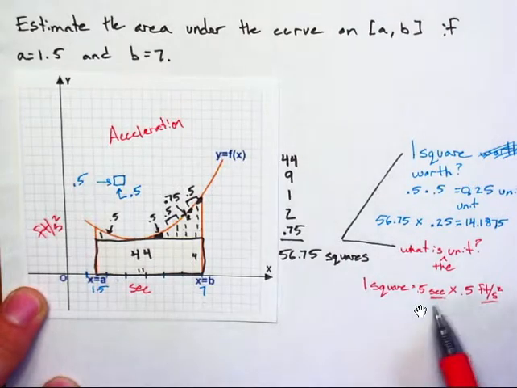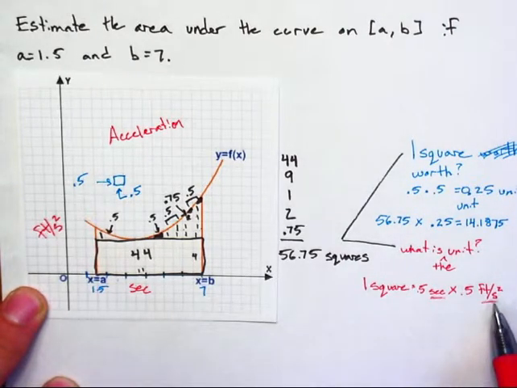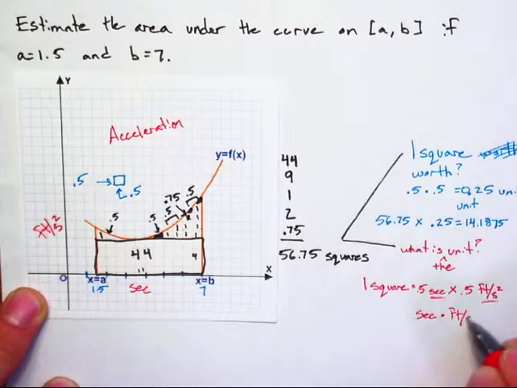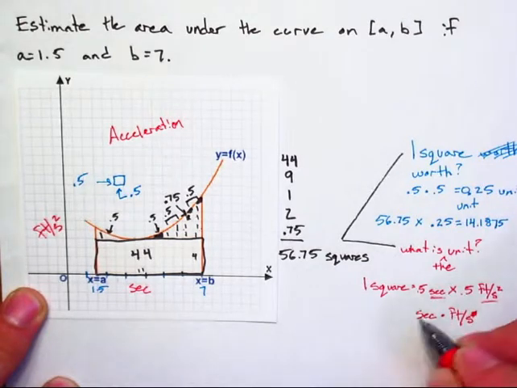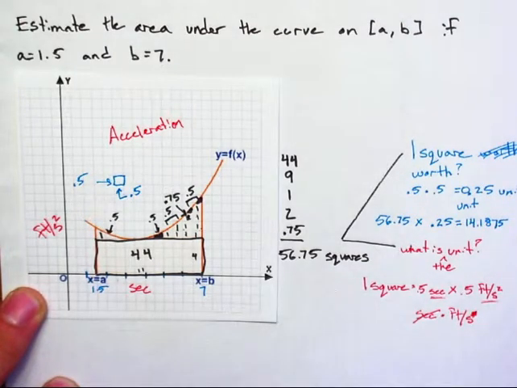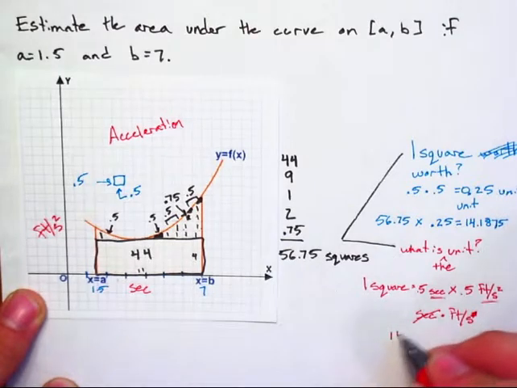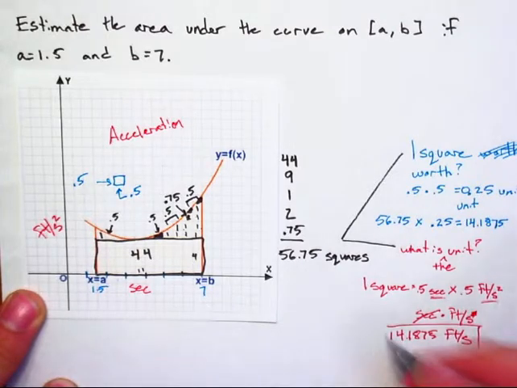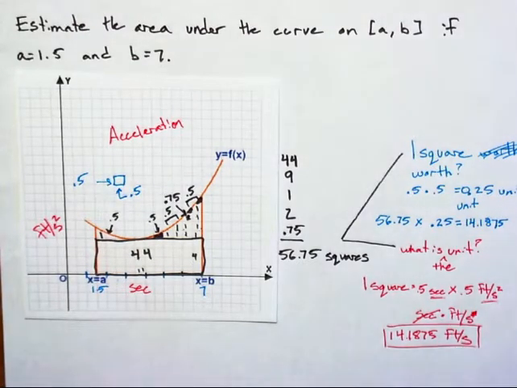You multiply those as well. So 0.5 seconds times 0.5 feet per second squared, seconds times feet per second squared. The squared cancels out with the seconds, and so really this is then 14.1875 feet per second. And that would be the final answer for what the area underneath the curve is.